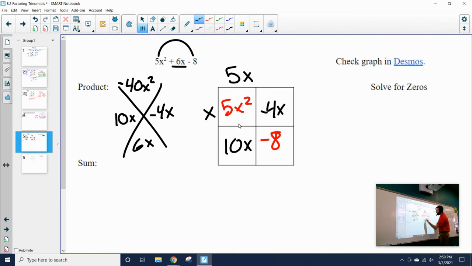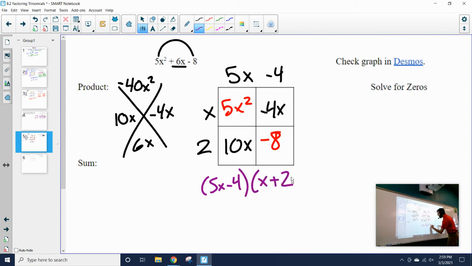Now 5x times what creates 10x? Well, 5x times 2 creates 10x. x times what creates negative 4x? x times negative 4. And negative 4 times 2 creates negative 8. So my two factors for this one are 5x minus 4 and x plus 2.